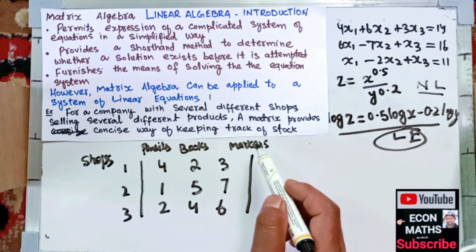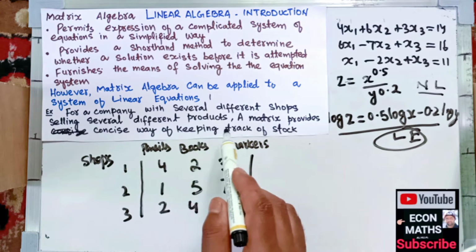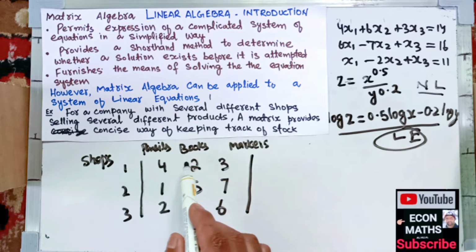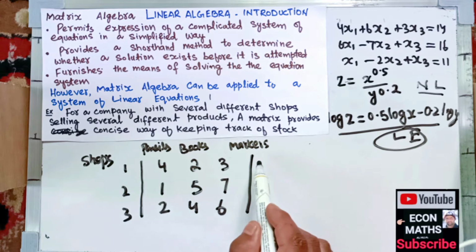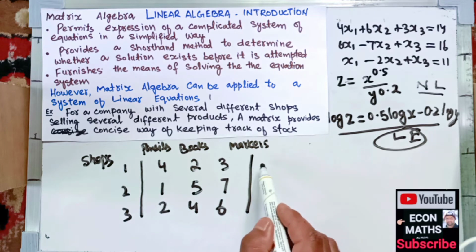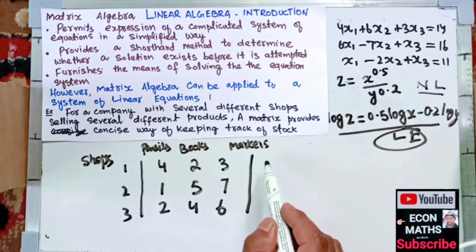Now this helps us to keep track of the stock. That is to say, by reading across a row of the matrix, the company can determine the level of stock of any of its shops.